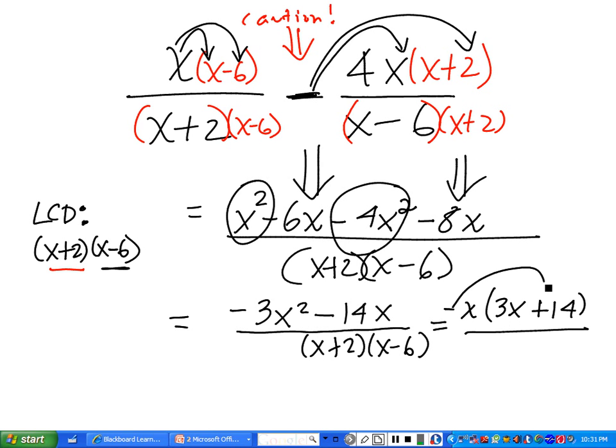Because if I took out a negative, then that negative times that positive will give me back this negative here. Alright, and put the denominator down, and we see that it didn't affect the problem really, because nothing canceled. But you always need to make sure, you need to factor to make sure that there is no common factor on the outside here with something at the bottom. There's not, but you always need to check.